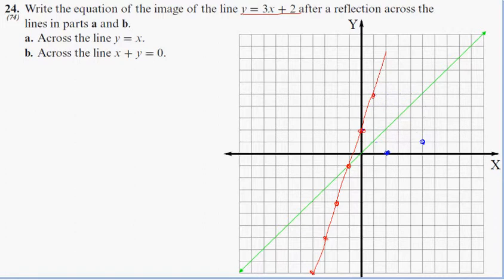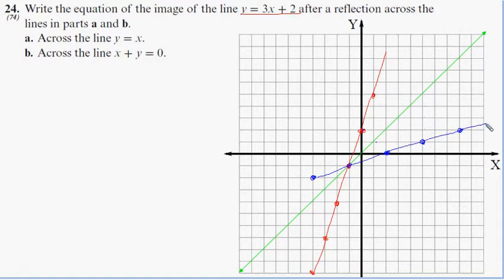Now I want you to recognize what this new slope is. We have up 1 over 3, up 1 over 3, so this is going to be down 1 over 3. So what's going on with our new line?